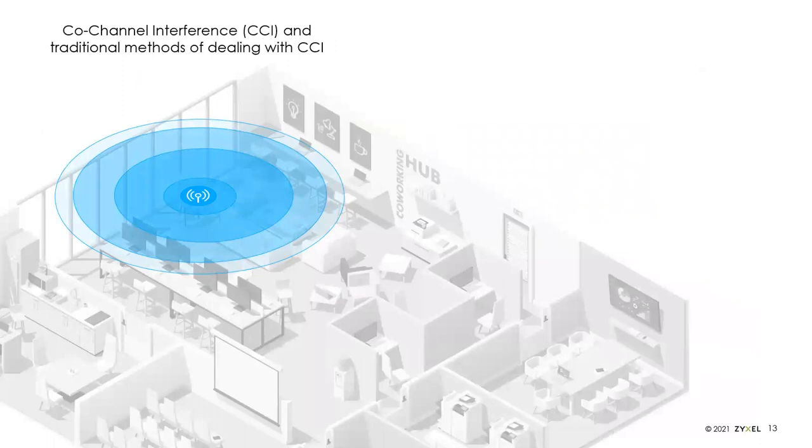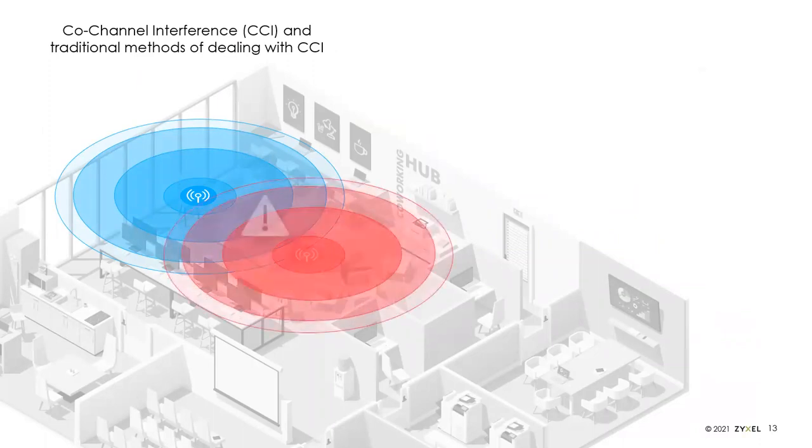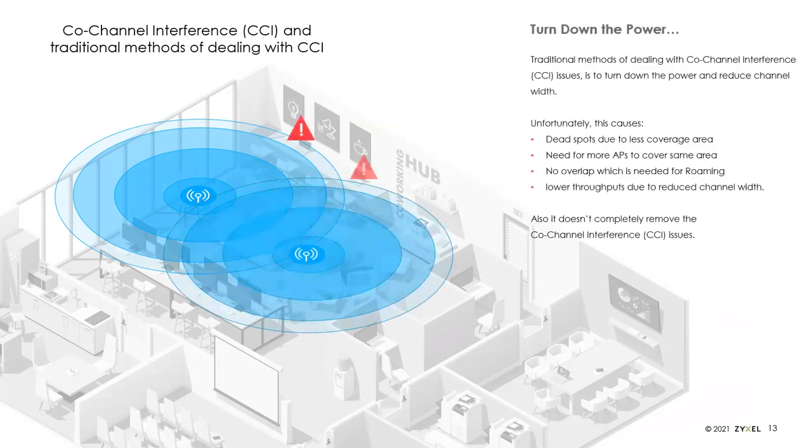Now, traditionally, what you would do is you would reduce the output power on your access points to limit their range so they don't overlap with each other, causing issues, which is absolutely a solution that dramatically reduces the amount of co-channel interference you may experience. Now, it doesn't help you with access points in your neighbors or the office downstairs that you can't manage, but it helps you with those APs that you have direct control over.